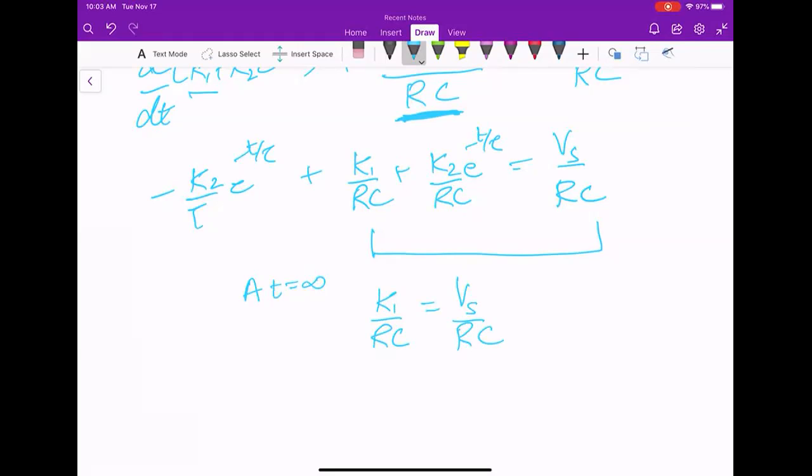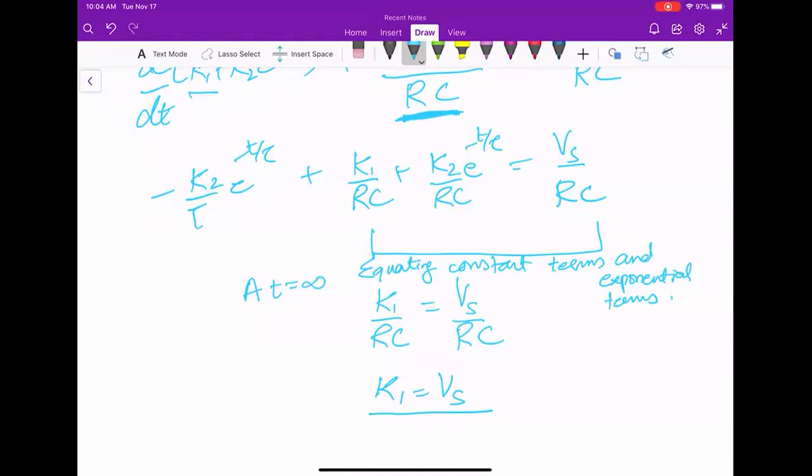So K1 by RC will be equal to Vs by RC, which will make K1 equal to Vs, right?